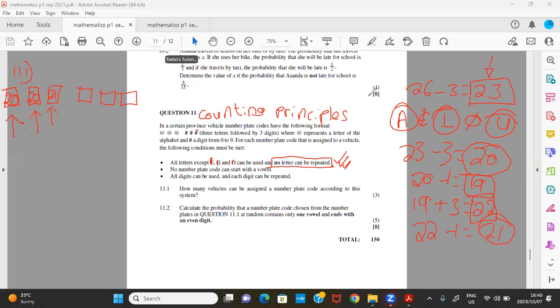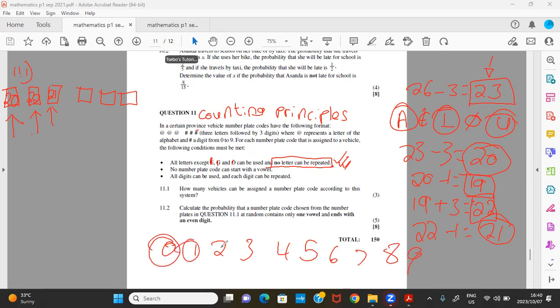Then I'm done with the letters now. I'm done with the letters because it's 3 letters, 3 numbers. Let's go to the digits. They say all digits can be used. Né? So either digits from 0 to 9, and each digit can be repeated. So now from 0 to 9, let's count. 0, 1, 2, 3, 4, 5, 6, 7, 8, 9. How many do I have?